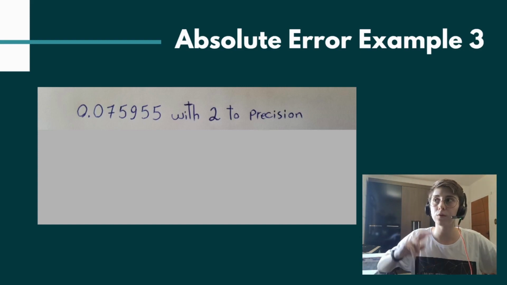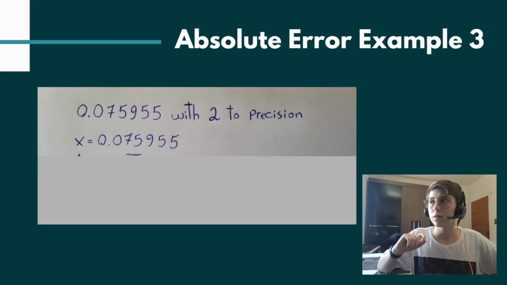So if I use a precision of 2, we will consider 0.075, because 75 is our significant part, the first 2 digits.